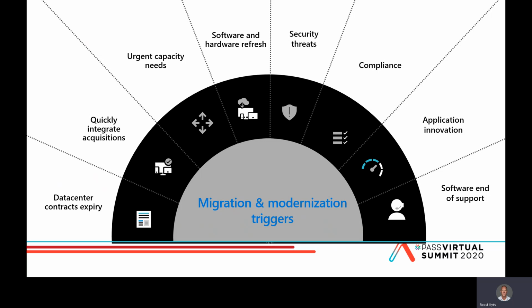And when they come to a renewal phase, if they have a lot of extra installations that are not licensed correctly, or let's say they have a server CAL model and they are in need of acquiring a lot of new CALs for their end users, that could be a substantial cost increase for the company, organization, or the client, and that could definitely be a trigger for a data modernization project, meaning that we need to clean this up, we need to do something different, and we need to be more efficient.